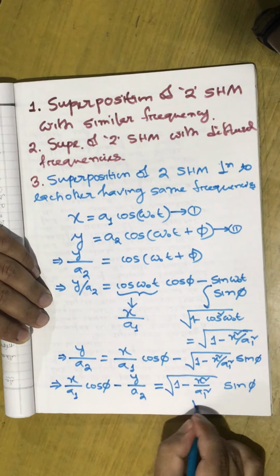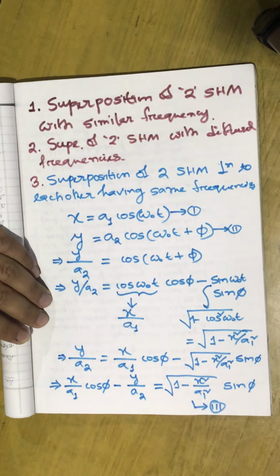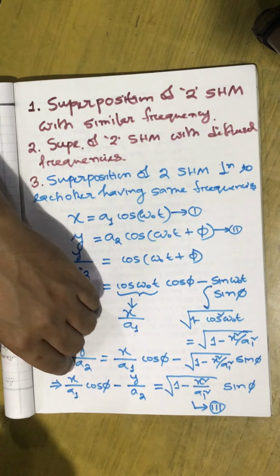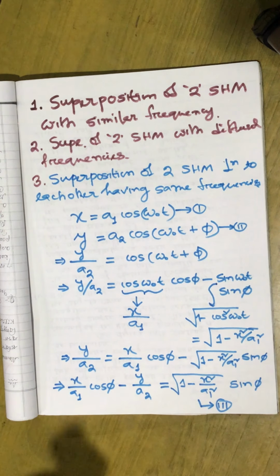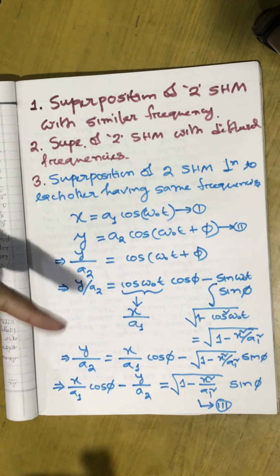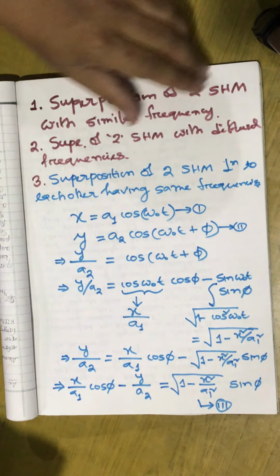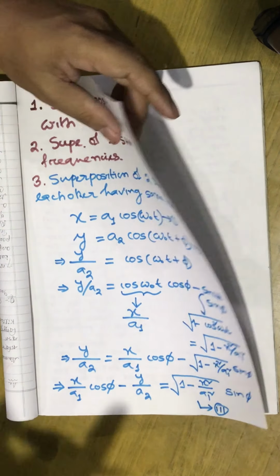So this is equation 3. Now I am going to square equation 3 and see what kind of trajectory this equation will follow.